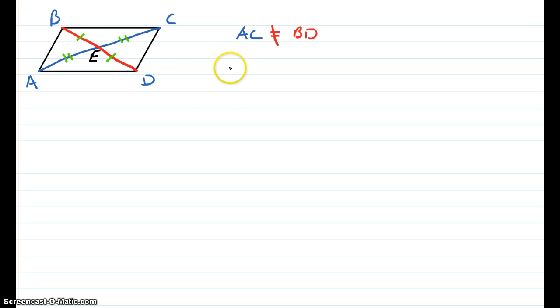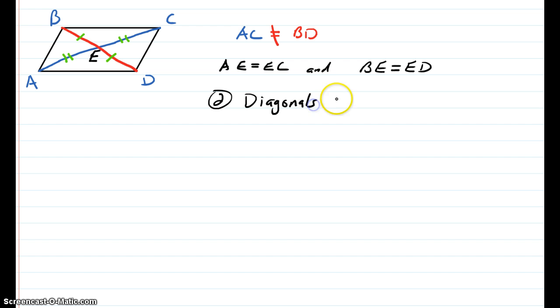We'll call it E. So AE is going to have the same measurement as EC, and BE is going to equal ED. Our second thing that we need to learn today is that the diagonals bisect each other. That word bisect just means they cut in half.